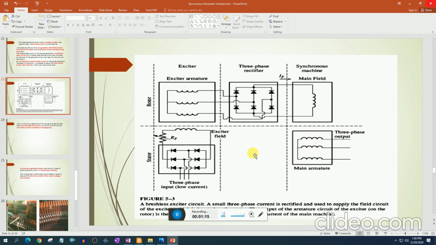So that's how, by adding an internally mounted AC generator with its field winding on the stator and its armature winding on the rotor, a brushless exciter system is introduced and used on the larger motors and generators.